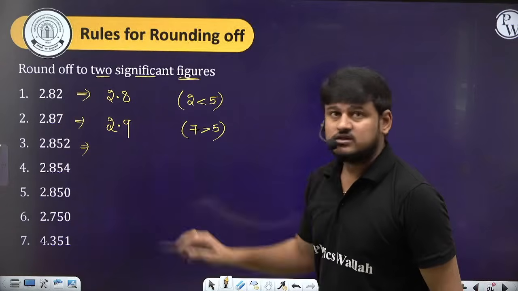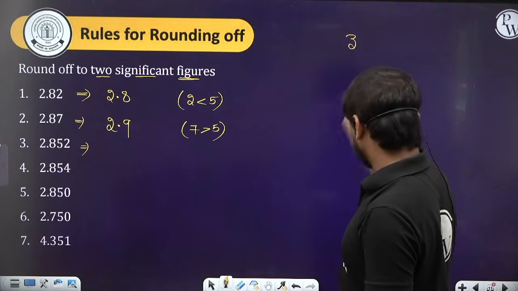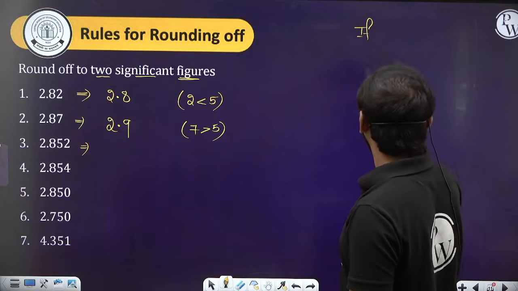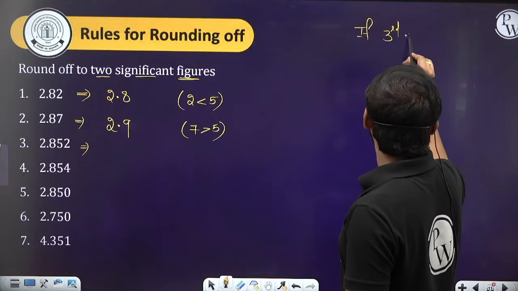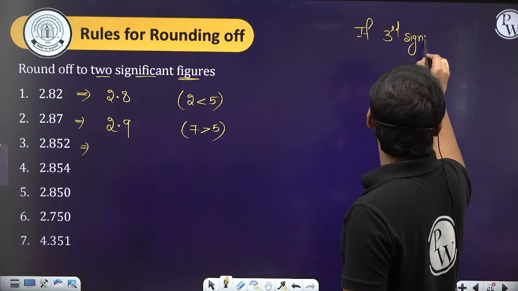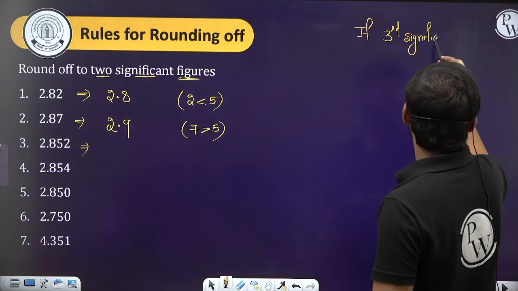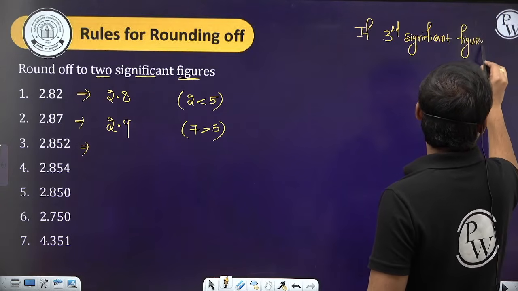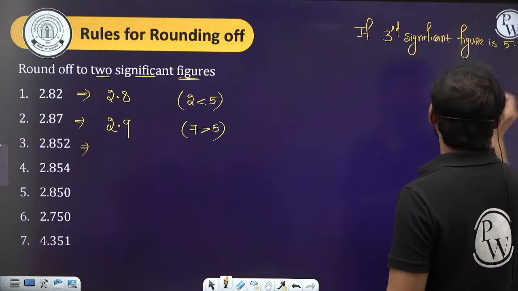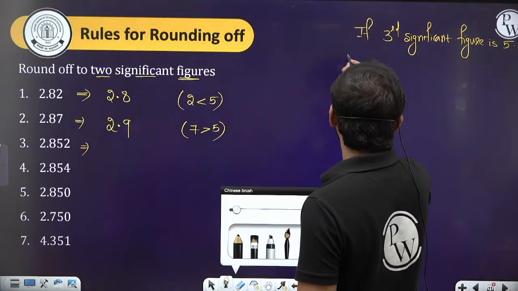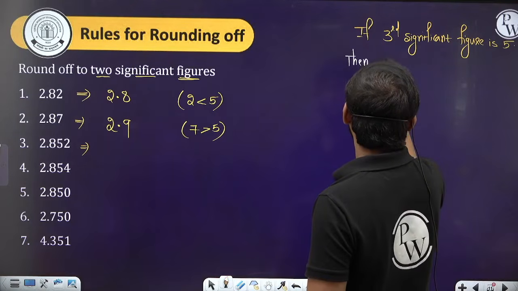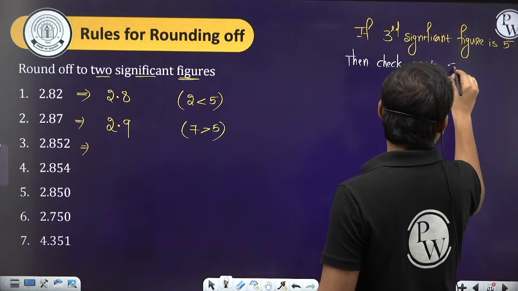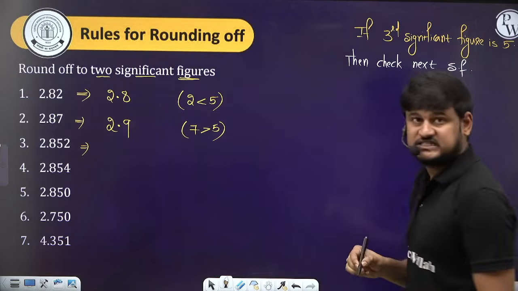So if the third significant figure is 5, write this rule. If the third significant figure is 5, then check the next significant figure.